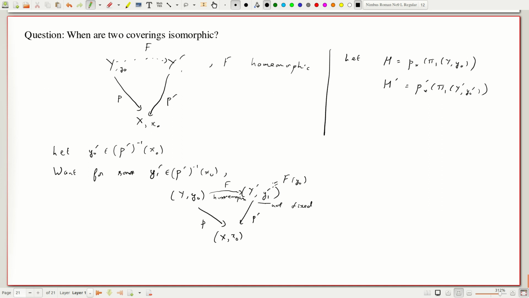So we chose the base point and had these. Then there exists y1 prime with the below diagram, that is, there's a homeomorphism, if and only if h prime is conjugate to h.